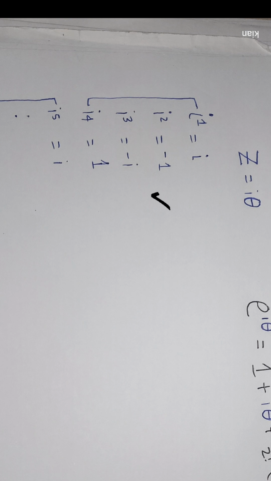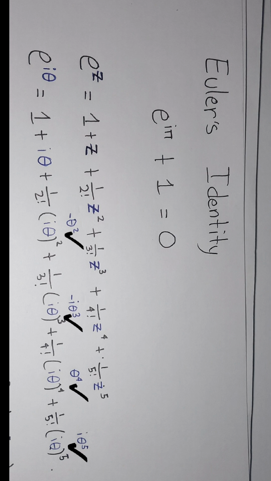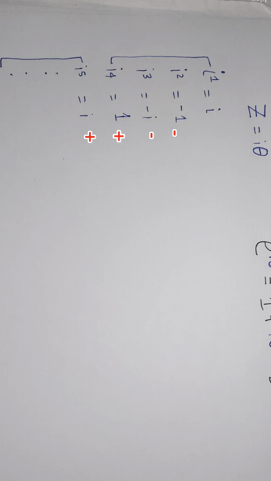We start with negative 1 because it is the first negative that we have, since we start from i raised to the power of 2. So we always think that we start with the negative, and that is the pattern: negative, negative, positive, positive.